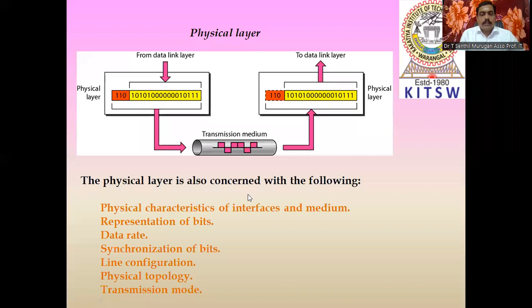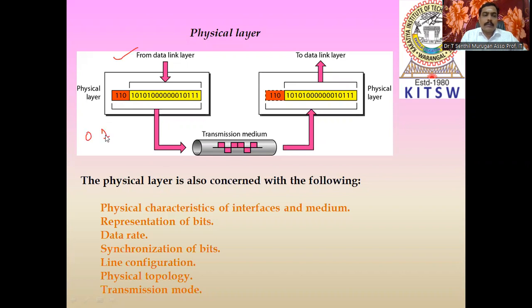The first layer is the physical layer. In this physical layer, how is the data transmitted? Some data is received from the data link layer, and that is converted into bits. What is a bit? A bit means 0 or 1.